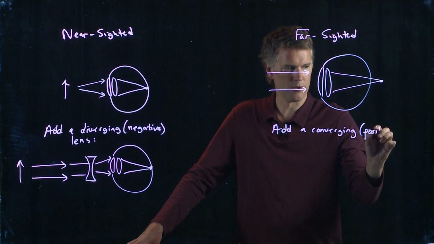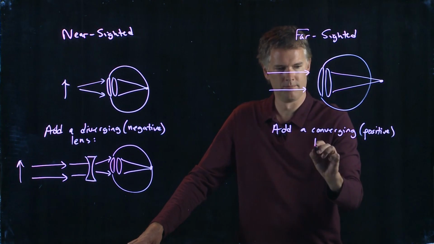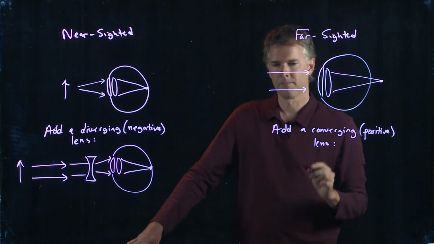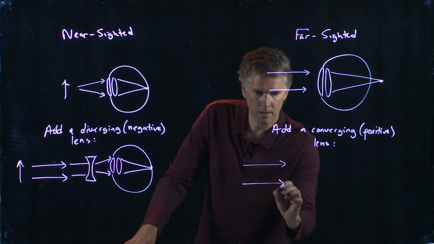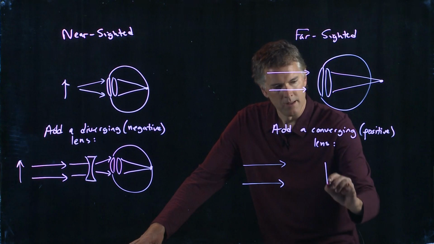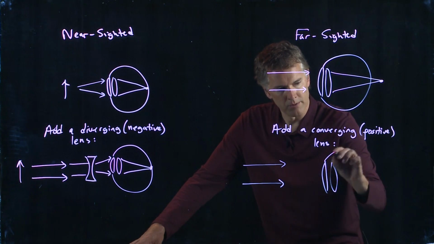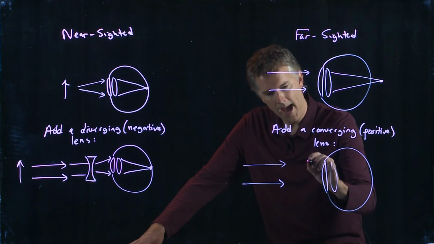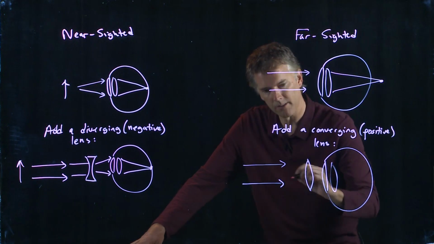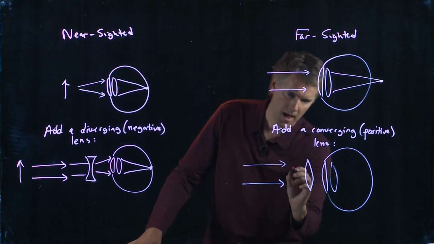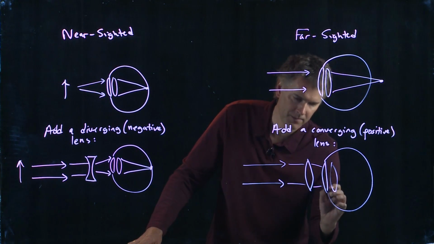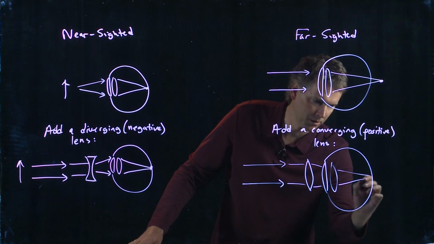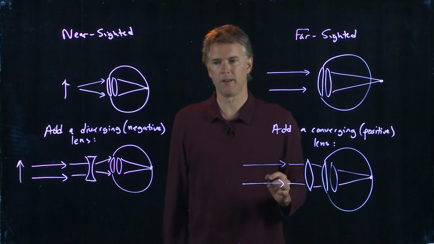And remember, converging is positive. Parallel rays that come in, we want them to focus on the retina, so we add a positive lens right there. That starts to get these rays to bend in a little bit, and now they can come to a focus right on the retina.